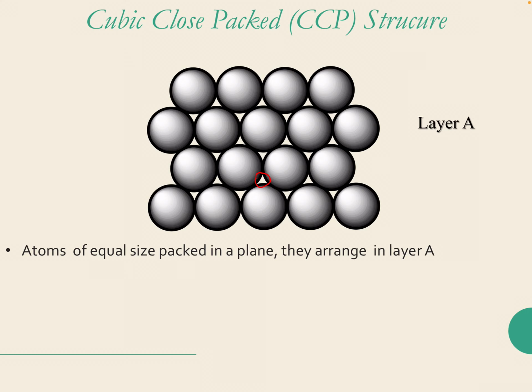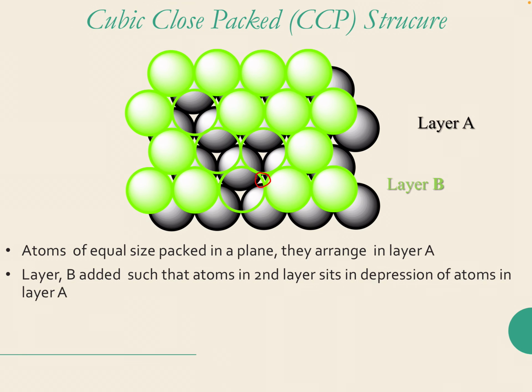So let's add the second layer, layer B, and as you can see, they are arranging themselves in this fashion, and these atoms are sitting in the depression formed by atoms in layer A.